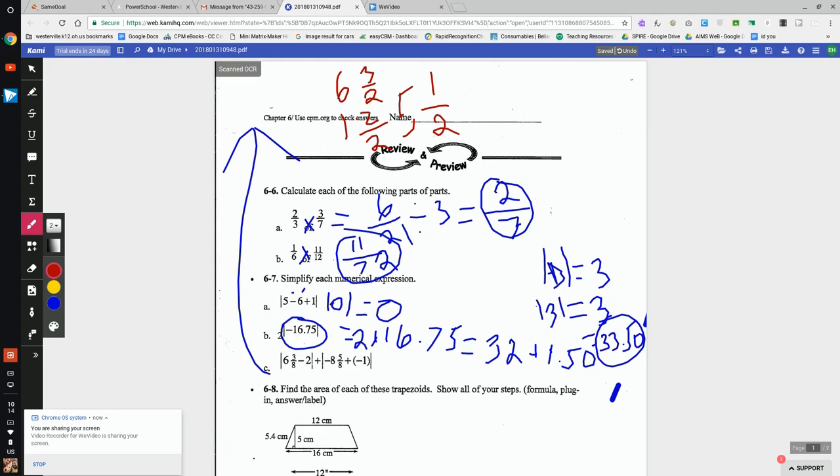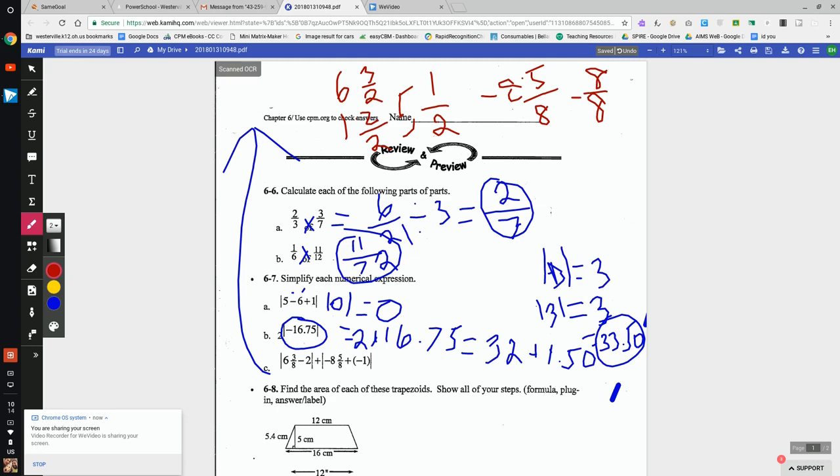Same thing with the next one. I have -8 5/8. And I subtract that by -1. So I can change that -1 to a -8 over 8. And I end up subtracting that to get, let me see here, 5.